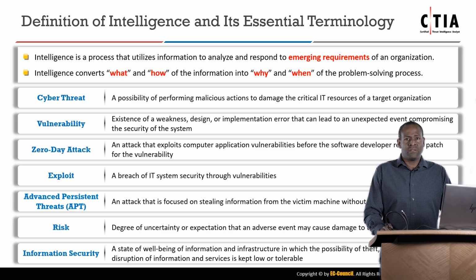And there is the possibility of a threat, of course, but where it really finds its fruition is in the fact that there is a vulnerability. A vulnerability is the existence of a weakness in design, an implementation error that can lead to some type of unexpected event or compromise of that system. And so without a vulnerability, there really exists no major threats. But there are vulnerabilities for all types, classes, and models of systems.